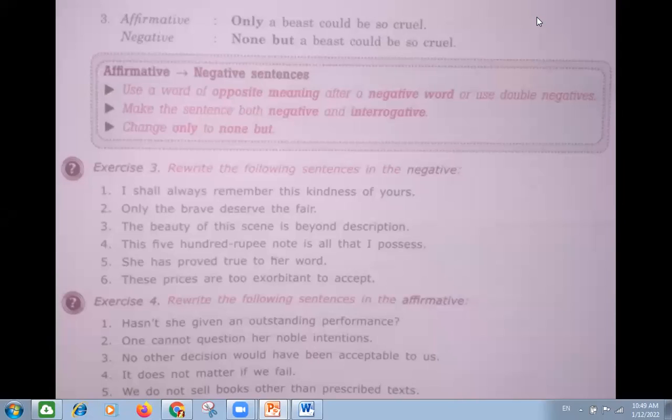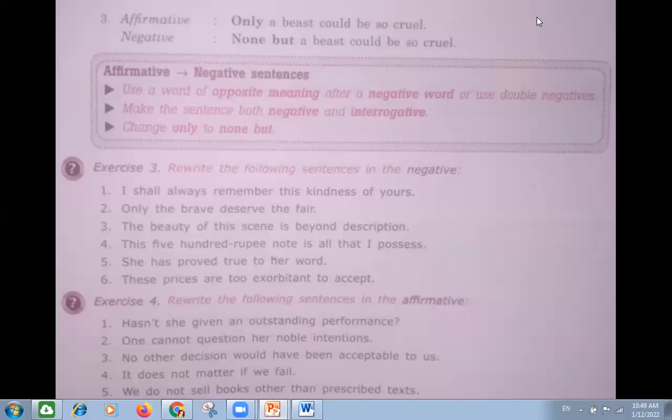Questionable was there, cannot question. So we are making it opposite, unquestionable, right? That will make the sentence correct. Without changing the sense of the sentence, we have changed its formation. That means we have transformed the formation of the sentence, though the sense of the sentence is absolutely the same.